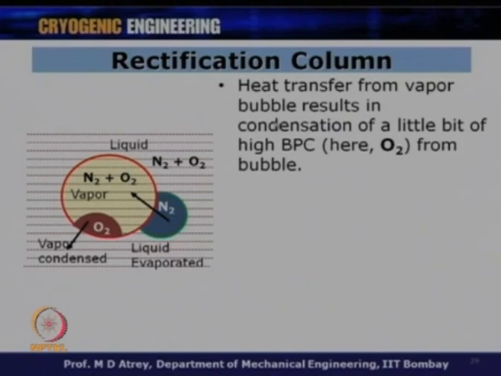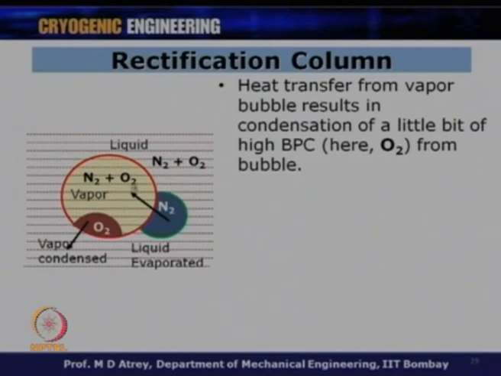The heat transfer from the vapor bubble results in condensation of a little bit of the high boiling component, which is oxygen, from the bubble. As soon as the vapor gives some heat to the liquid, part of the high boiling component, oxygen, gets condensed.